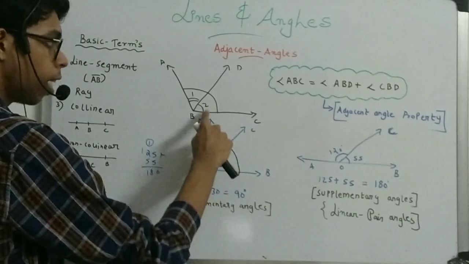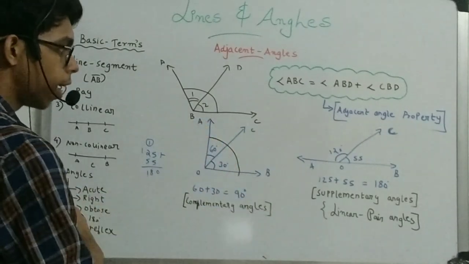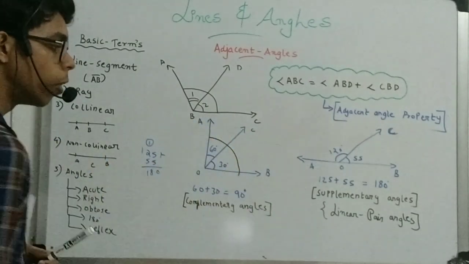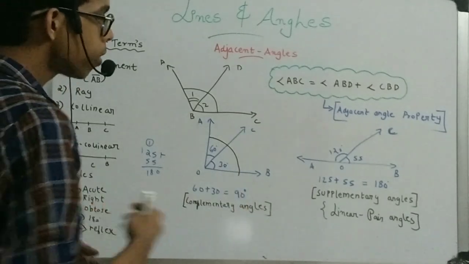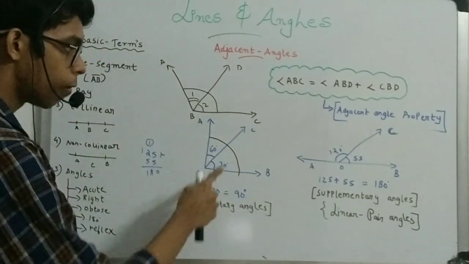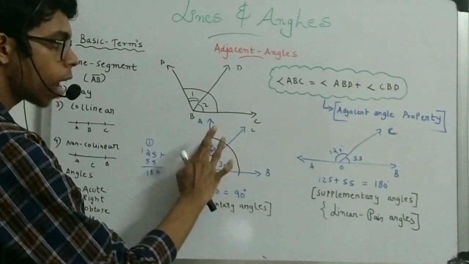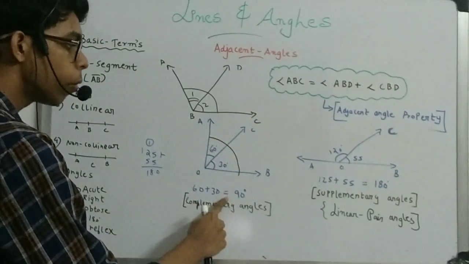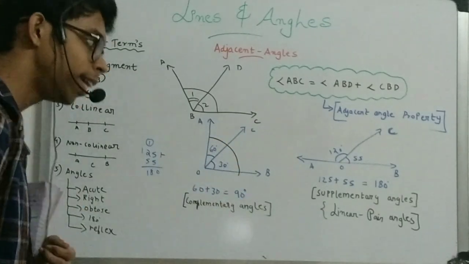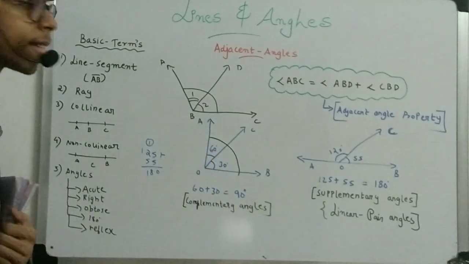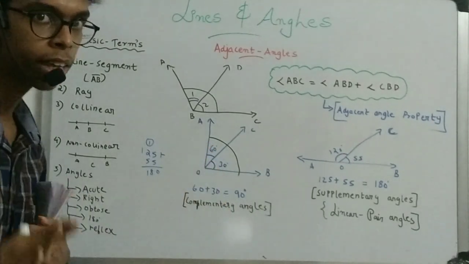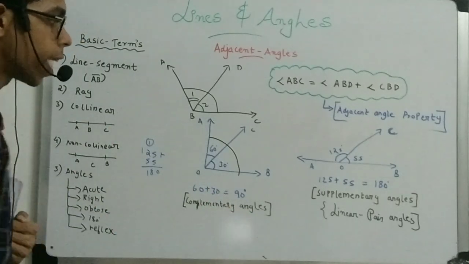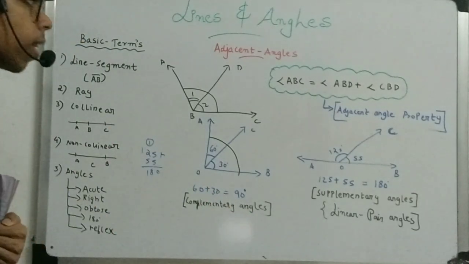That means the full angle AOB will be equal to 90 degree. Also there is a specific name: when you add adjacent angles and the sum is equal to 90 degree, we call them complementary angles.